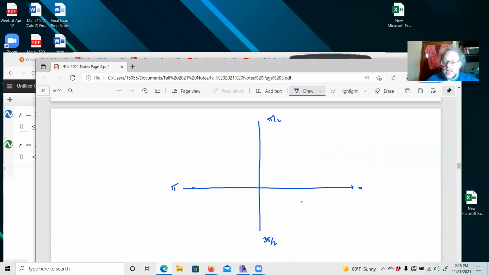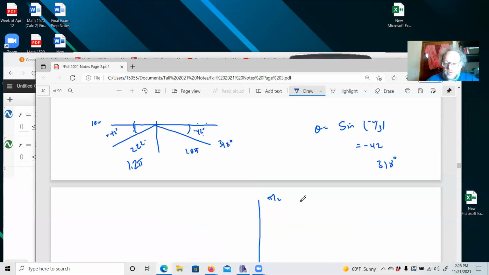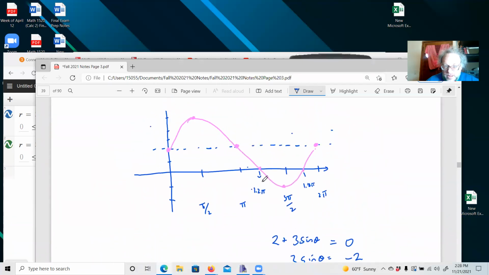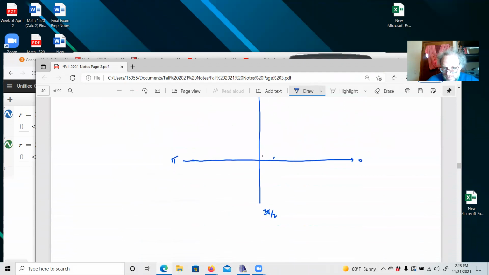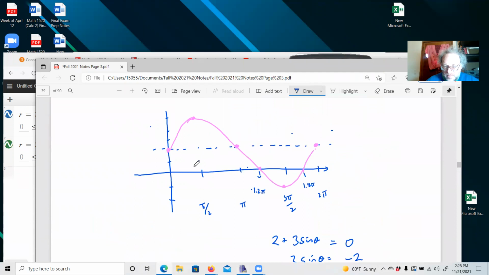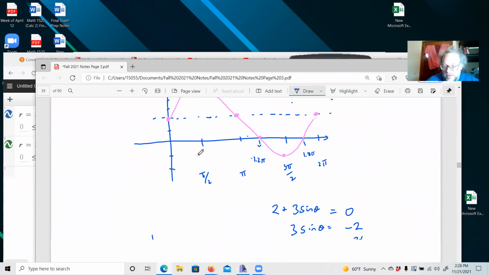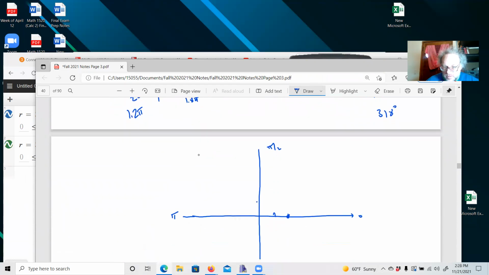At theta equals 0, my r is equal to 2. Now, when I sweep up to pi over 2, we're going to be at 1, 2, 3, 4, 5. And that works out.